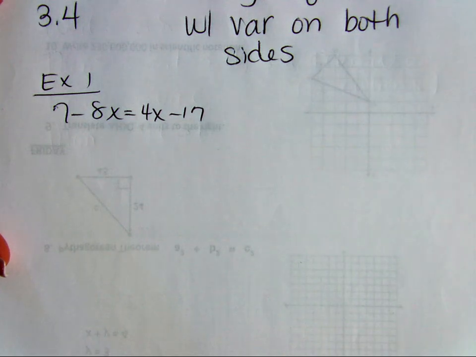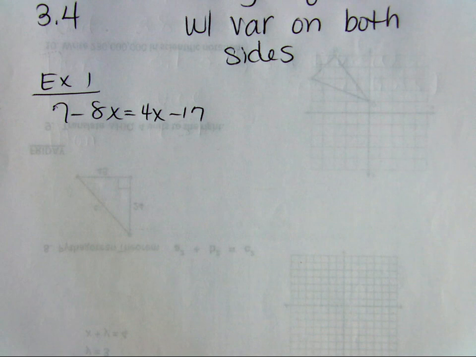Now, where do we prefer the variable to end up? On the left-hand side. It's just how we were first taught. It's what we're comfortable with. It doesn't always have to be that way, though, and I need you to get comfortable with it both ways. But for right now, we'll solve it on the left, and then I'll show you that you could do it on the right as well.